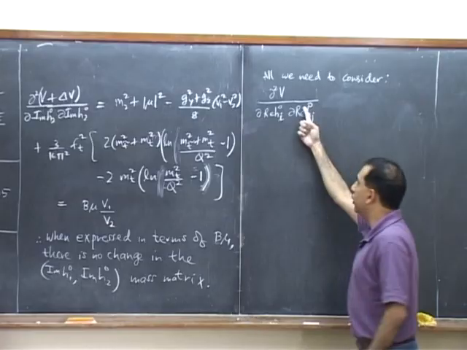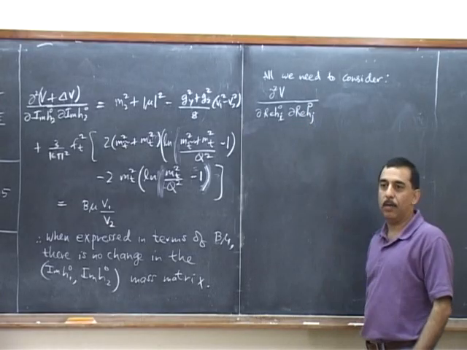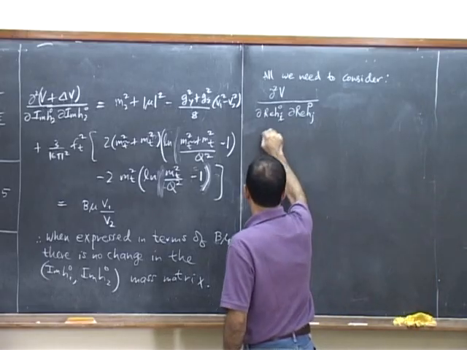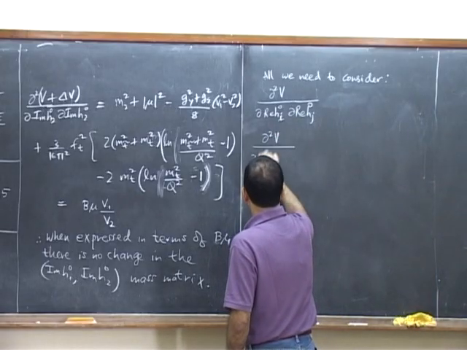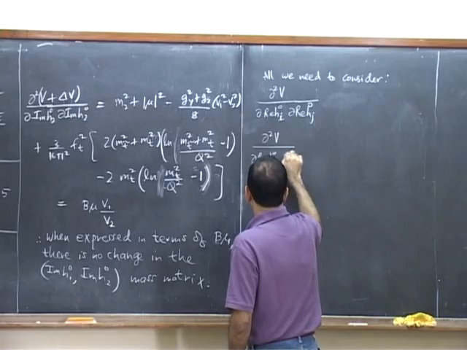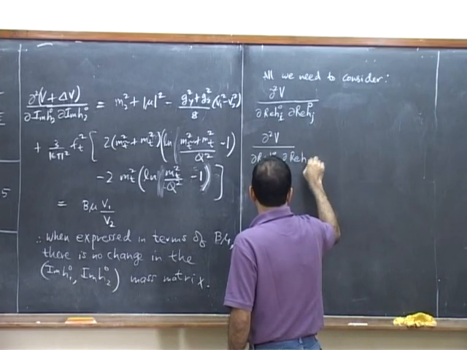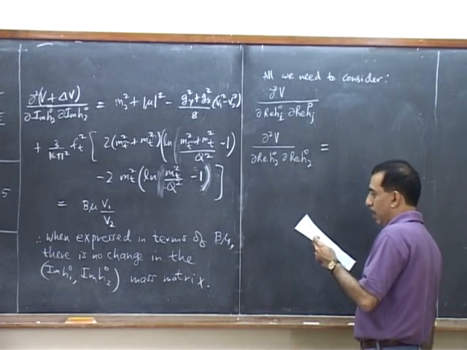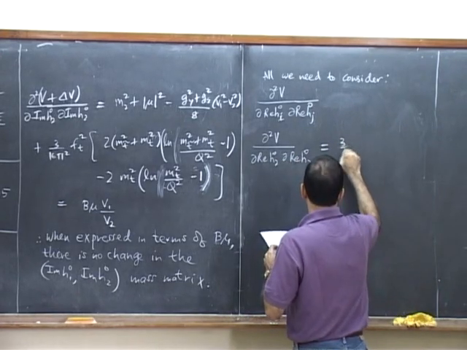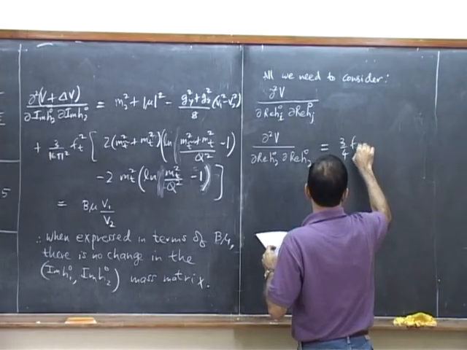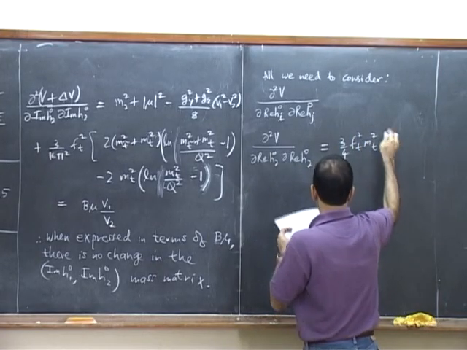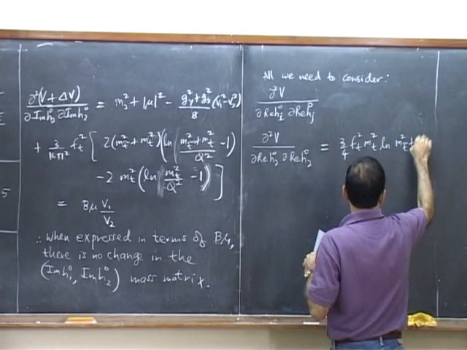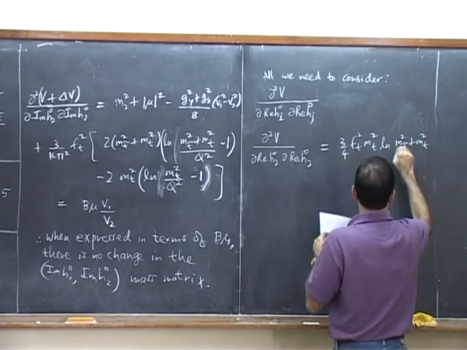In turn, this will have no change when i and j are 1,1 or 1,2 or 2,1. So the only operative one is 2,2. And this eventually comes out to be 3/4 ft squared mt squared log mt tilde squared plus mt squared.